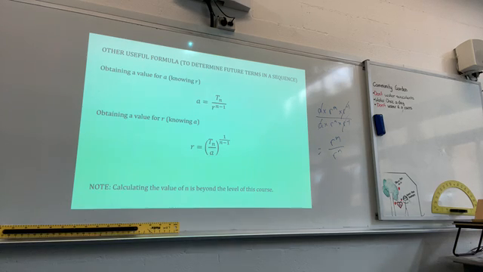You know r is therefore Tn divided by a, to the power of 1 over n minus 1. Just basically rearranging. If you don't want to rearrange, write this down for your formula sheet, for your notes. Now, calculating the value of n is really beyond the level of this course, so I'm not even going to worry about it. So you just need to be able to calculate a and calculate r. That's all.